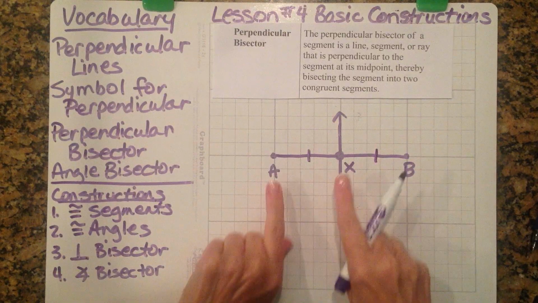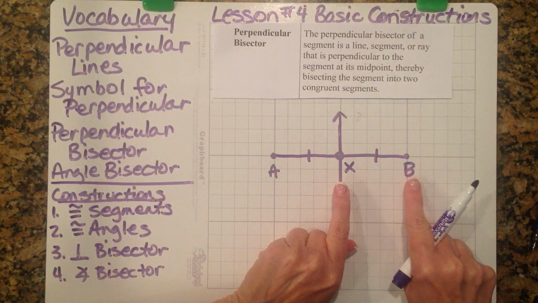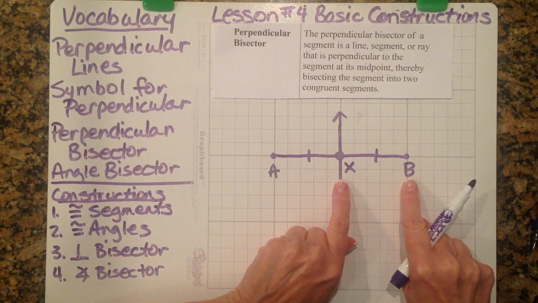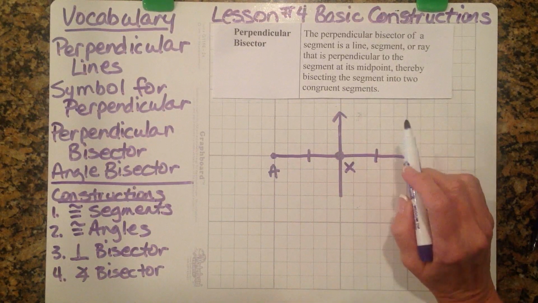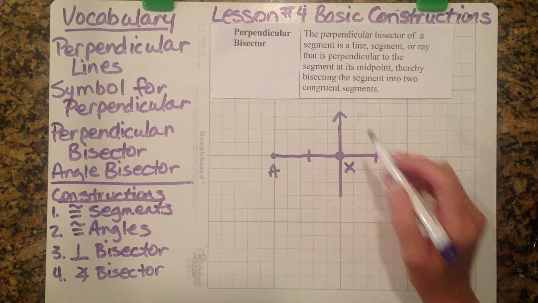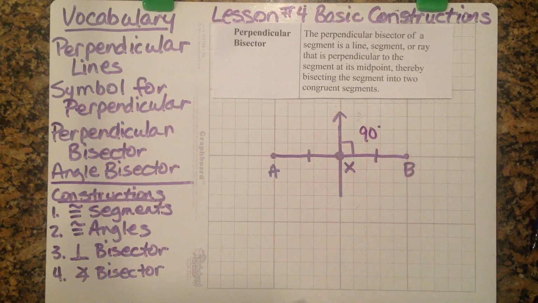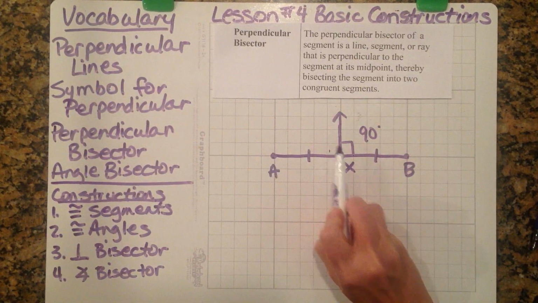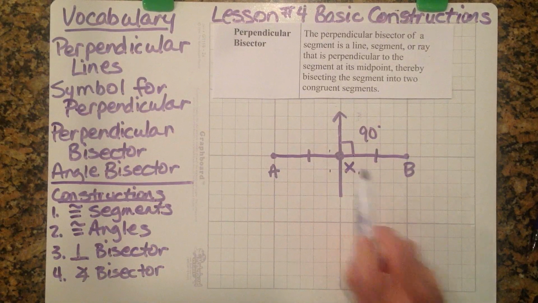That means that this segment AX is congruent to segment BX. They're the same size. Also, another thing it does, it creates right angles. If you notice, right here is a right angle. And then, of course, kind of like the drawing I just did a minute ago, that's a right angle over here, and there's a right angle there, and then there's a right angle there.